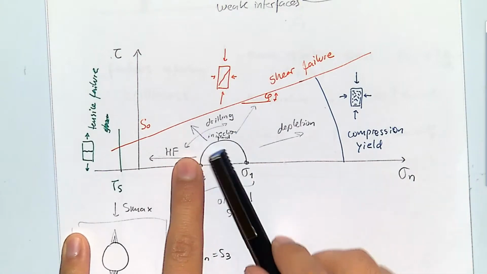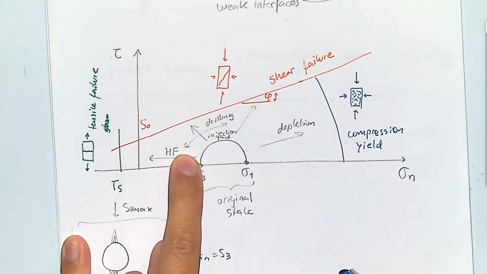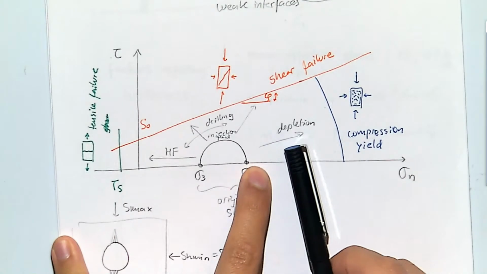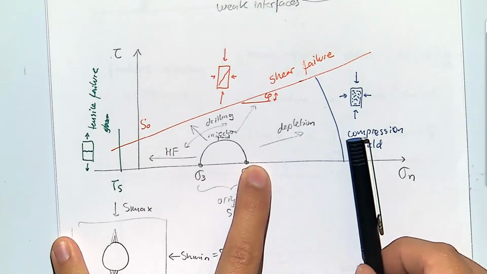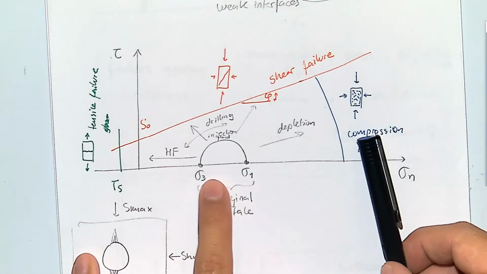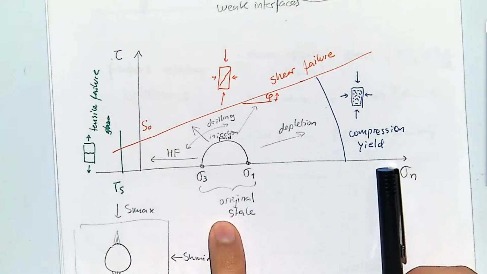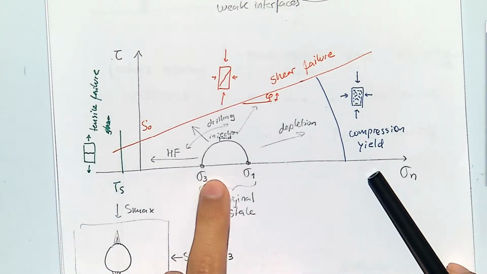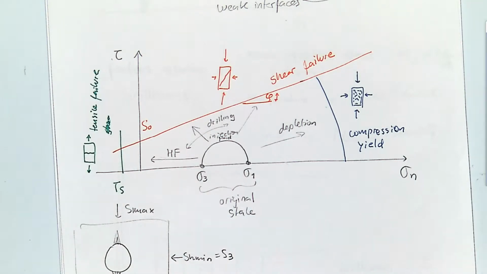Anywhere you go in this direction or in that direction, you go to shear failure. And last, if you go too much to the right with not probably a lot of shear but quite a bit of compression, you get to the compression yield failure. We will not talk much about the compression yield, but you should know that compression yield failure is there.